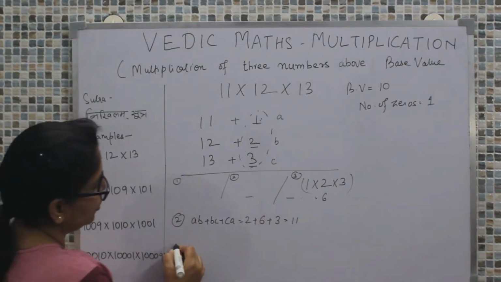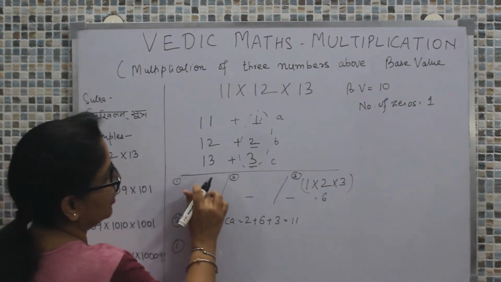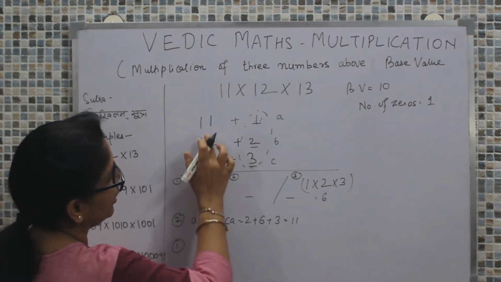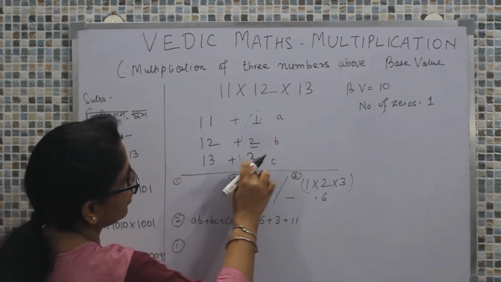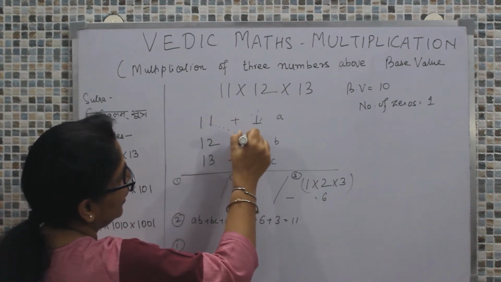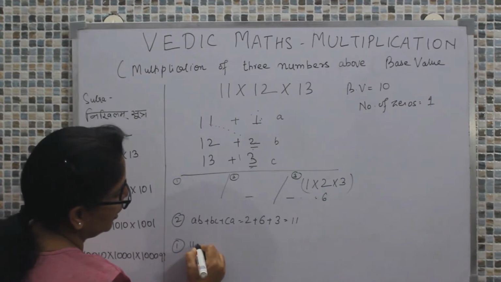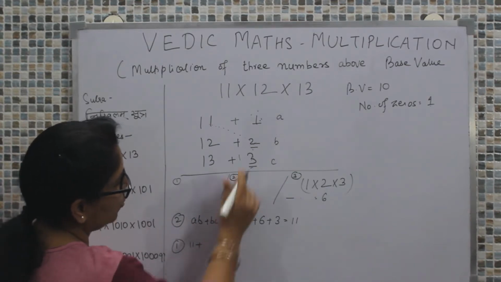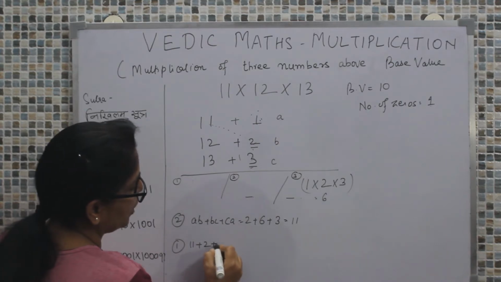Now coming to the first part. The first part needs to be computed as, I'll remove this off so that it could be understood easily. Here it will be 11 plus B plus C. So here we have 11, the first value, plus the excess of the other two values. So that will be 2 plus 3.